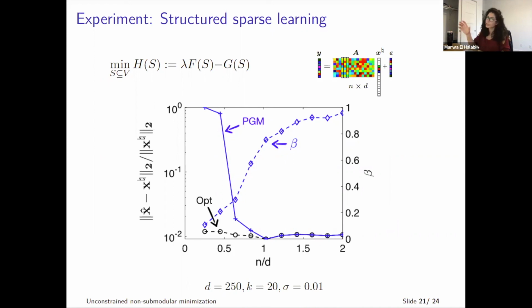Then you can change the regularizer to encourage a rectangle as opposed to an interval, and then you can get something like that. I forgot there was another application, but yeah, I haven't really tested it.